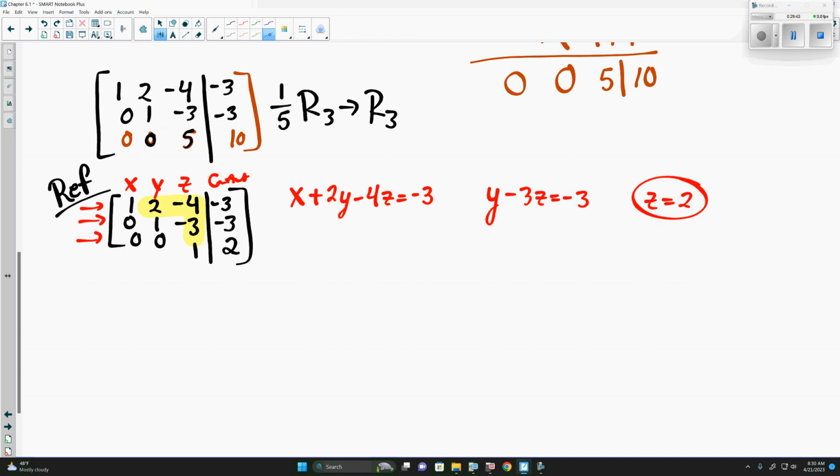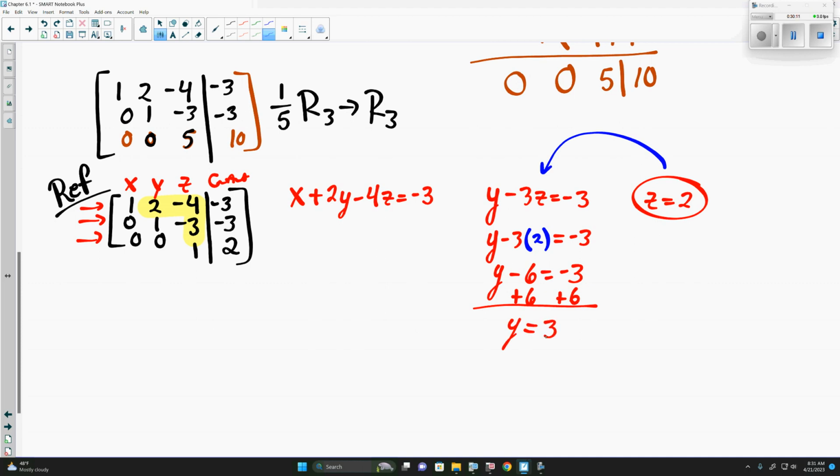Now we're going to work our way from right to left as how I listed them. So what we can do is plug z into the middle one, which tells us we have y minus 3 times 2 is equal to negative 3. Or y minus 6 is equal to negative 3. Add 6 to both sides, telling us y is equal to 3.